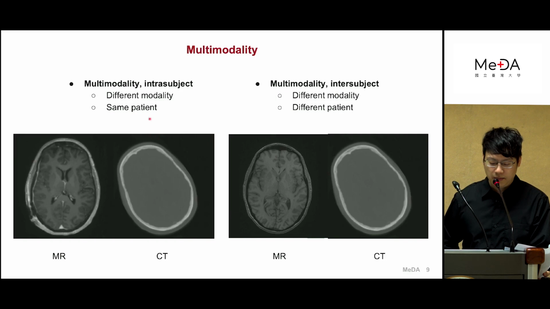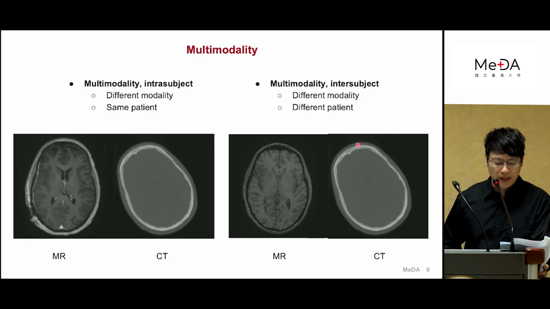Next, let's see multimodality. On the left-hand side, the MR and CT images are from the same patient. This situation may arise when a doctor requires additional information from different modalities to enhance diagnosis. On the right-hand side, these 2 images are different modalities and from different patients.